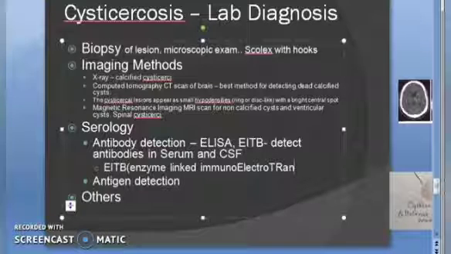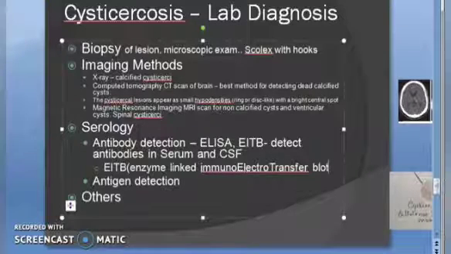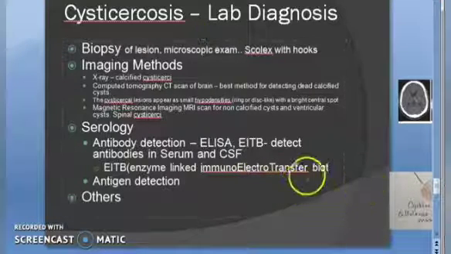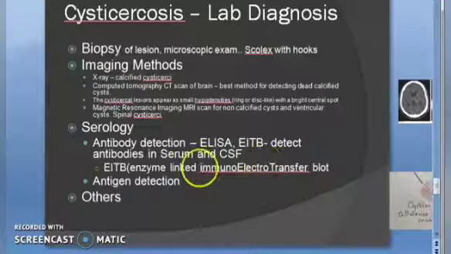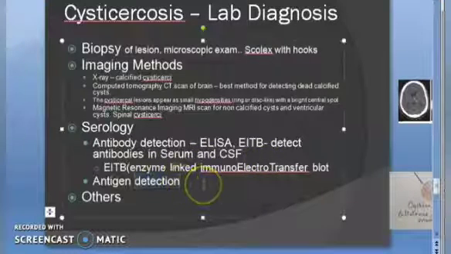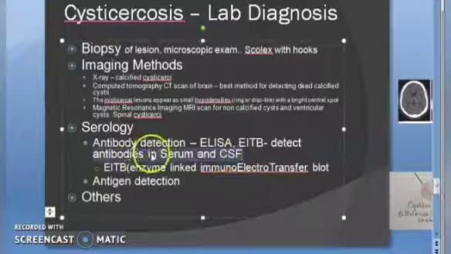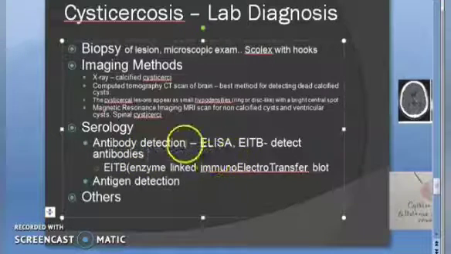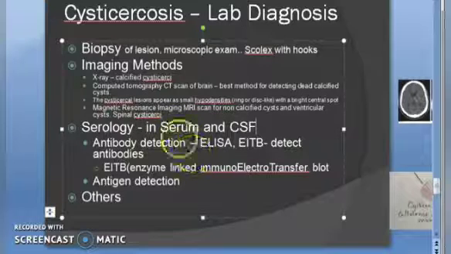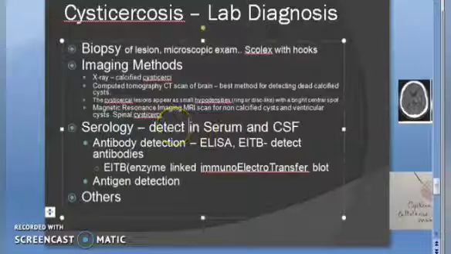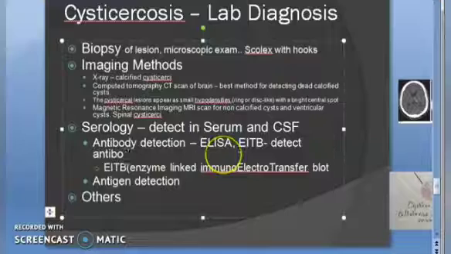They didn't type correctly, or the spelling they have put incorrectly in the textbook. Immunoelectrotransfer blot, EITB. So antigen detection you can detect in serum and CSF again. Same thing, serology, detect in serum and CSF.